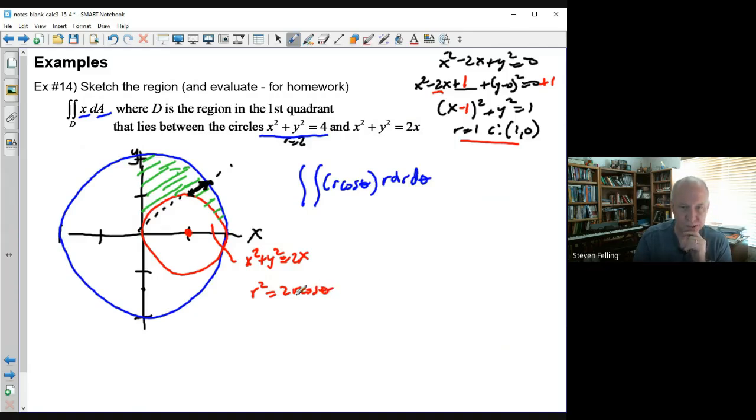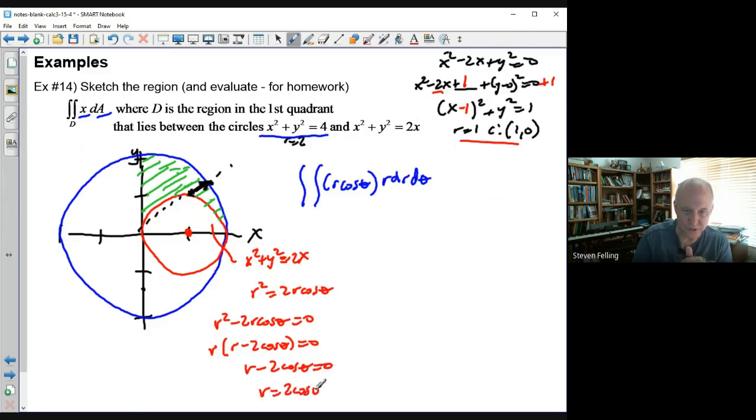So if we were to get everything on the same side, r squared minus 2r cosine theta equals 0, we could factor out an r, and it would be r times (r minus 2 cosine theta) equals 0, which has two solutions: r equals 0, which is trivial, or r minus 2 cosine theta equals 0, which means r equals 2 cosine theta. So in fact, that is what this edge is. On this edge, r equals 2 cosine theta.